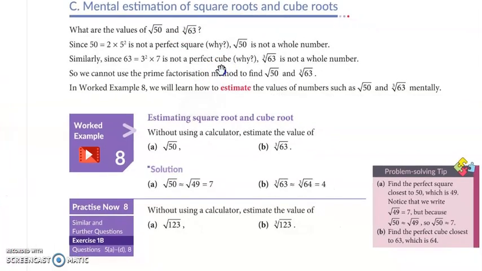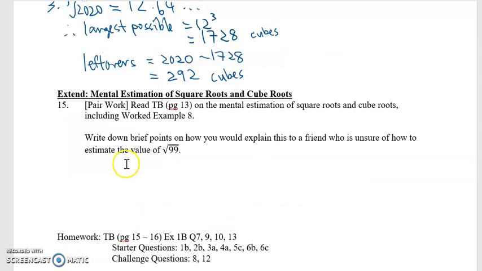So I want you to read this part, look at the worked example, and then try practice now 8. Then I want you to write down brief points on how you will explain to a friend who is unsure of how to estimate the value of square root of 99. You can write out your workings as well, so that you can show your friend how it will look like.